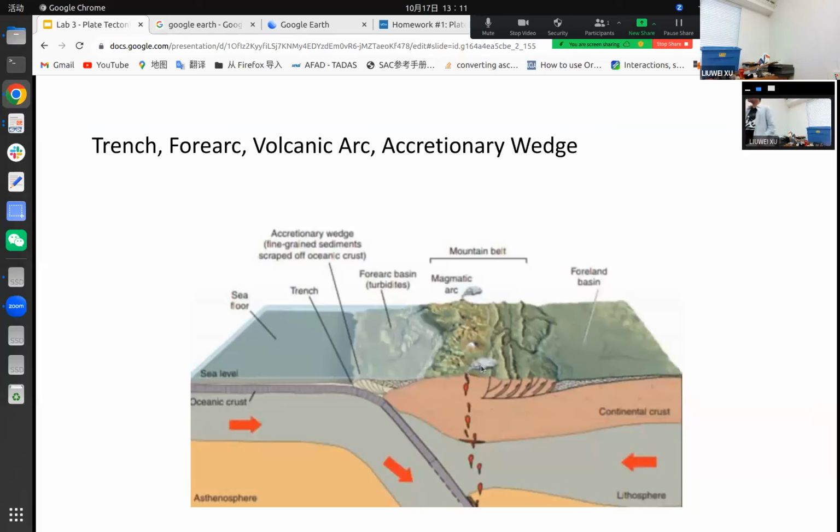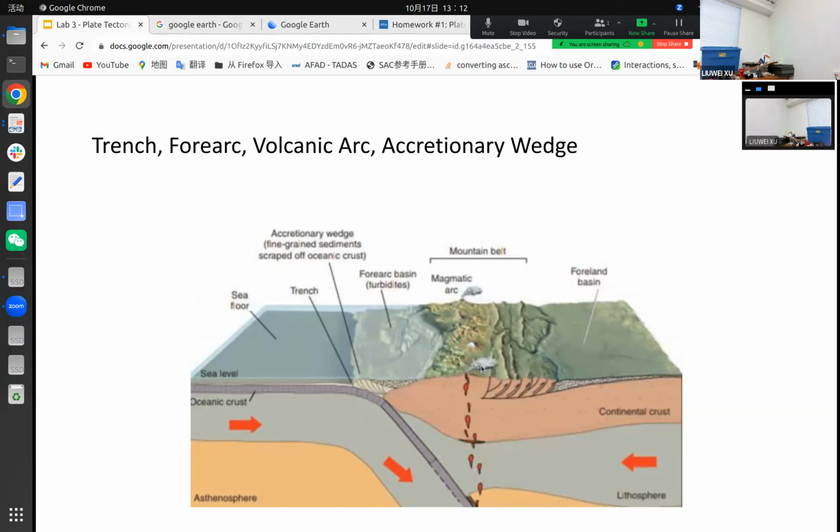So we begin from the ocean. This is the oceanic crust, and it goes down to the mantle beneath the continental crust. This is the sea floor, and if you go to the land side, you see where the oceanic plates meet the continental plates. The deepest part beneath water is the trench.